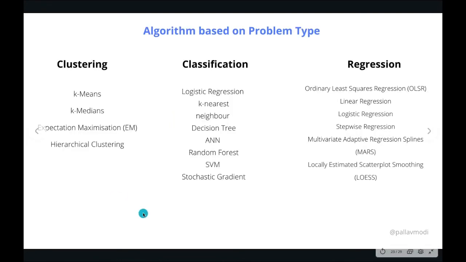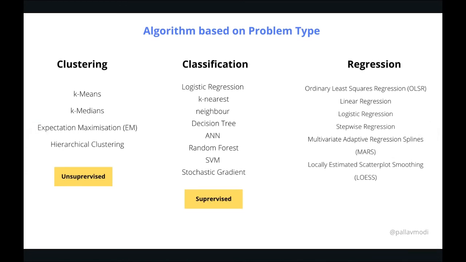So here is a summary of all the algorithms we have discussed till now, categorized by problem types. Okay. But there is usually a lot of confusion between clustering algorithms and classification algorithms. So we will add another layer of categorization where all the clustering algorithms are majorly unsupervised learning algorithms, whereas classification algorithms are supervised learning algorithms.